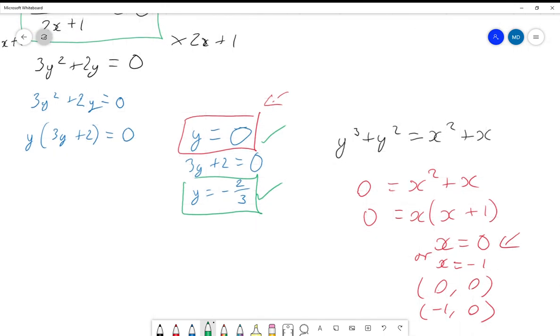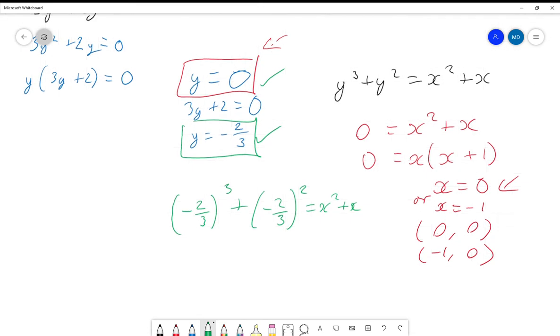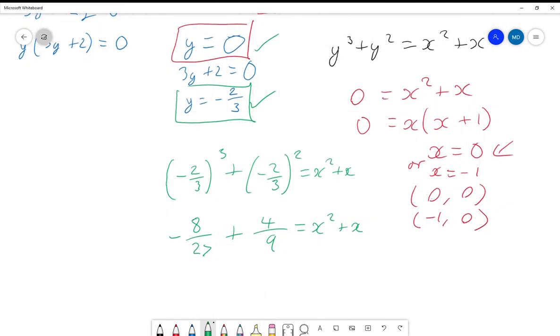So, plugging that in, we get negative 2/3 cubed plus negative 2/3 squared equals x squared plus x. And negative 2/3 cubed is going to give us negative 8 over 27 plus 4 over 9 equals x squared plus x. Let's add those fractions. So this is going to be 12 over 27, and so we get x squared plus x minus 4 over 27 equals 0.